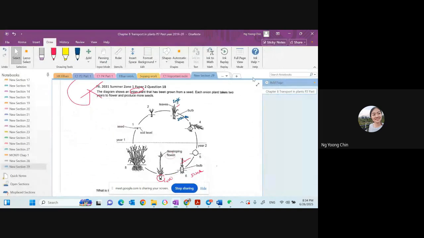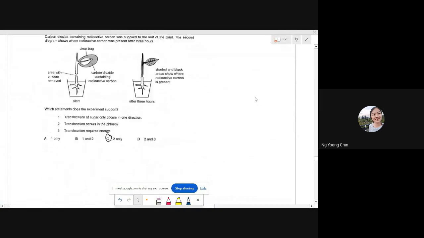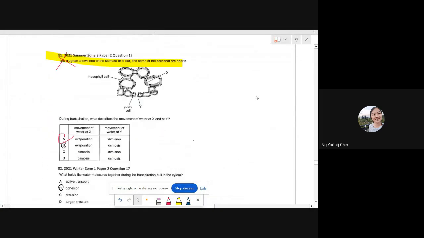For this one, this is what I said just now. This X is actually produced from evaporation, which is from the water.